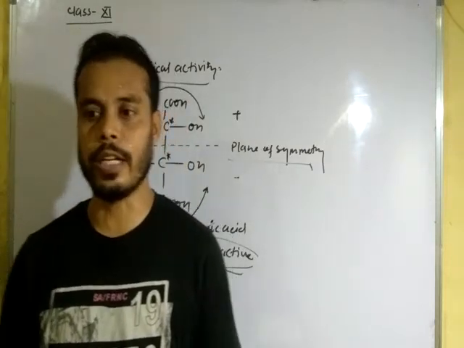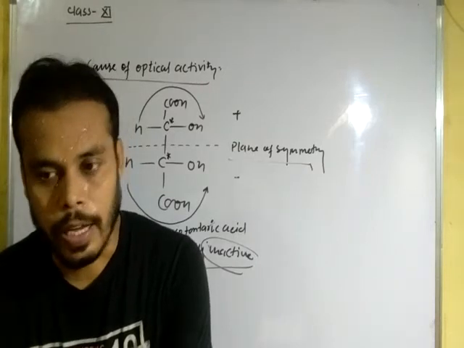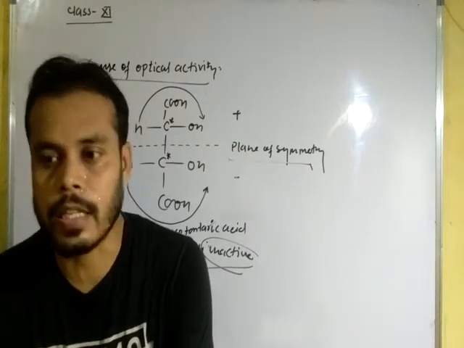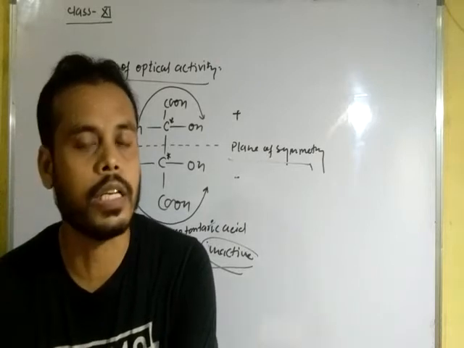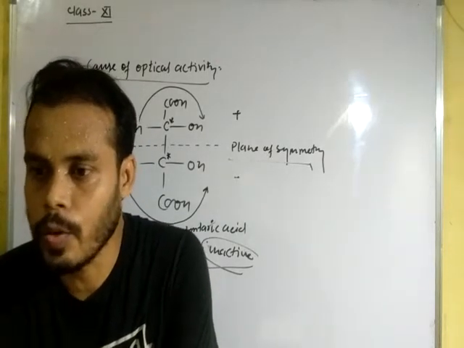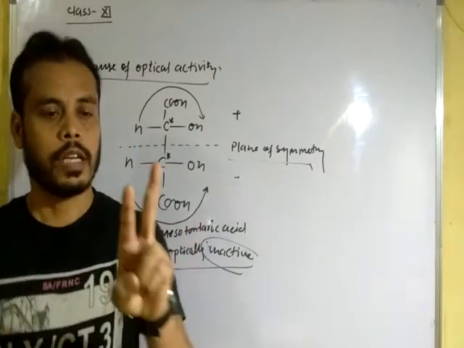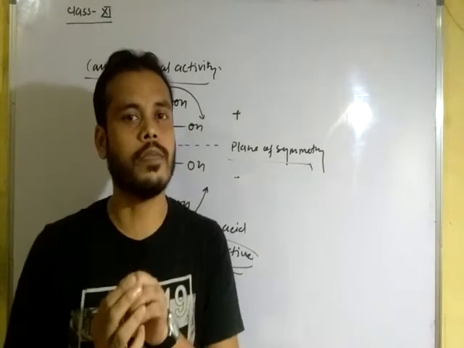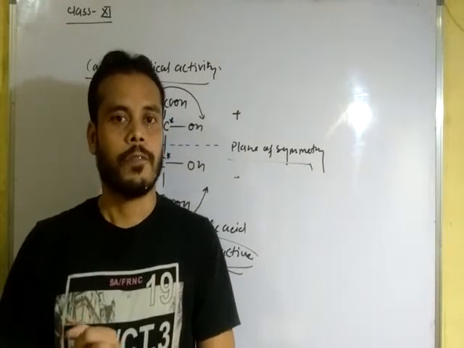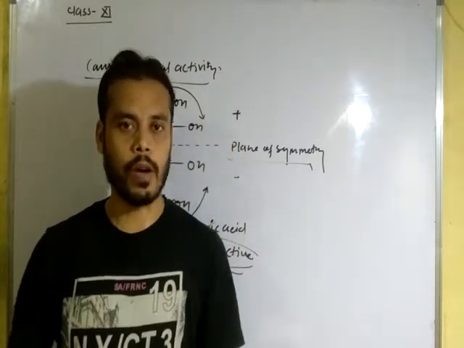It may be concluded that chirality as well as dissymmetry is the necessary and sufficient condition for enantiomers and for the molecule to be optically active. Okay, two things, chirality as well as dissymmetry, are a must for any compound to be optically active.